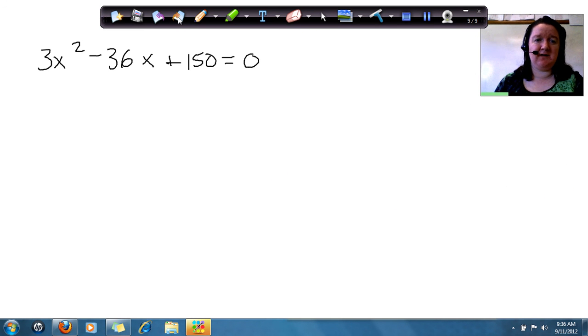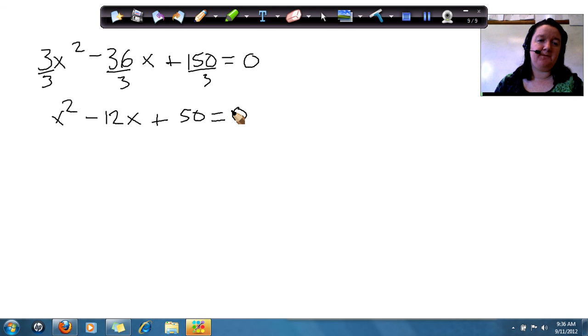Let's look at another example. Here, if you look at this, is there a greatest common factor? Can we divide all those numbers by 3? We can, so let's do it. So I'm going to get x squared minus 12x plus 50 equals 0. Now this isn't a perfect square trinomial, so we're going to move this part over to the other side.